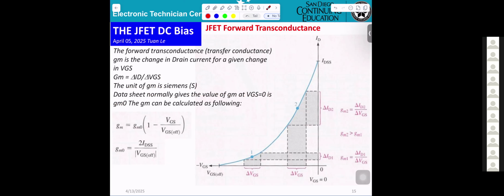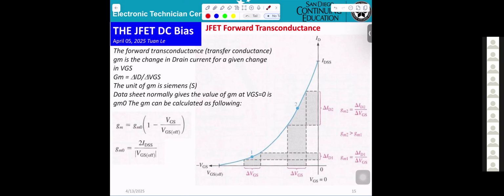So normally when they build a JFET, they give you the basic value for GM at VGS equals 0. Make sure GM0 means calculated at VGS equals 0.